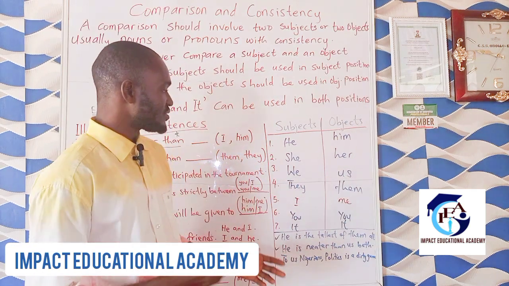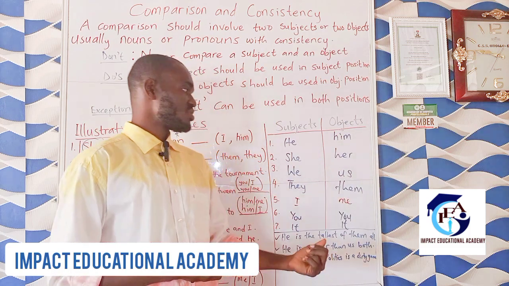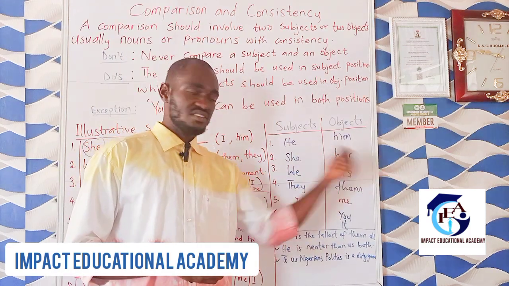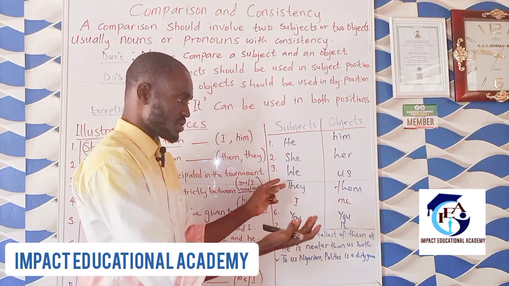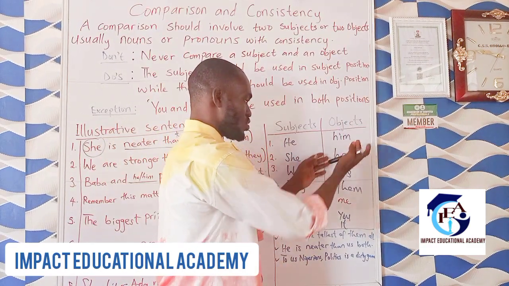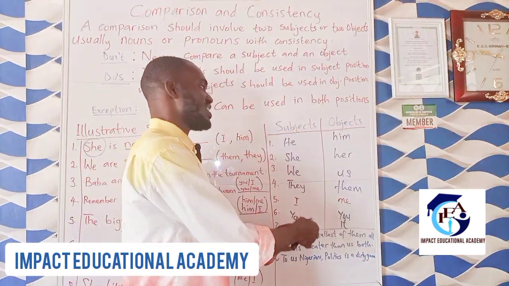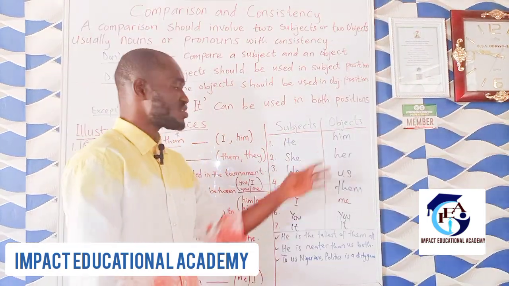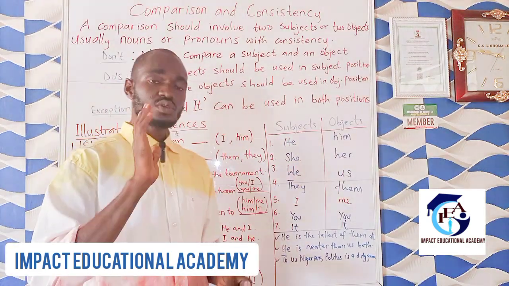Don't compare a subject and an object. No, that is inconsistency. If you are comparing these two, it is okay. These two, it is okay. But never compare a subject and an object. It brings about inconsistency. That's what we are allowed to do.